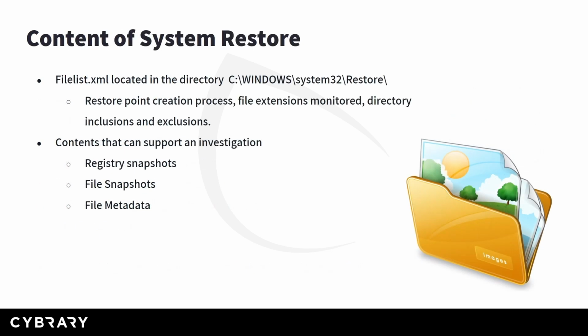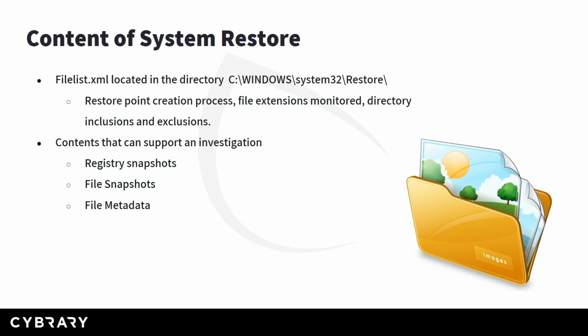Registry hives and specific files are copied into restore points upon creation. Not all files are copied after a change. However, file selection is ruled by include and exclude statements in filelist.xml, which is a file located in the C:\Windows\System32\Restore directory.